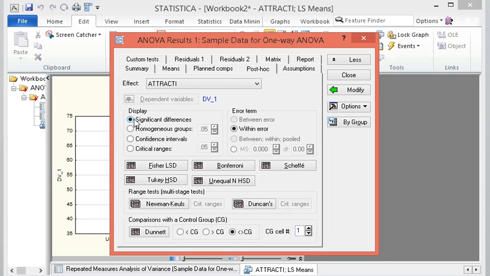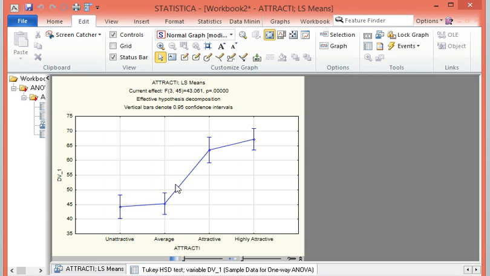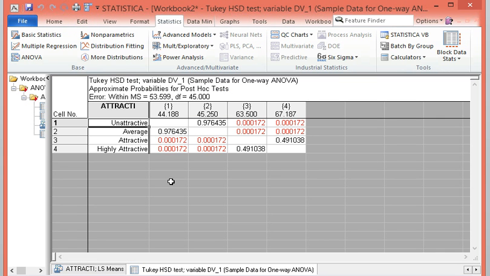Click this one, and then you can click on Tukey HSD. So here you can see a matrix which compares the different means. There are essentially 6 comparisons: 1, 2, 3, 4, 5, and 6. Now these values are a mirror image of the ones below, so you can just ignore them.